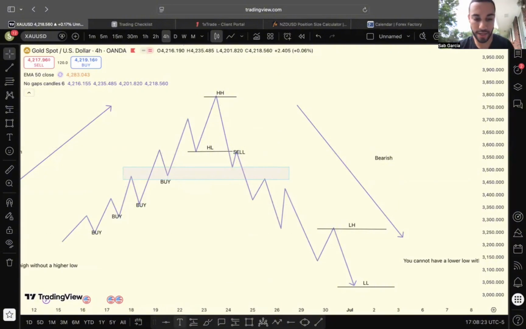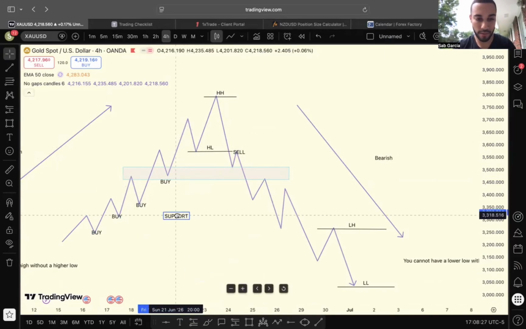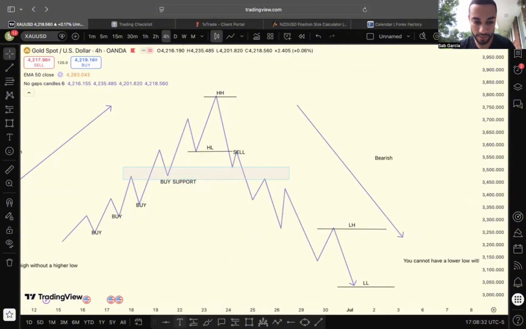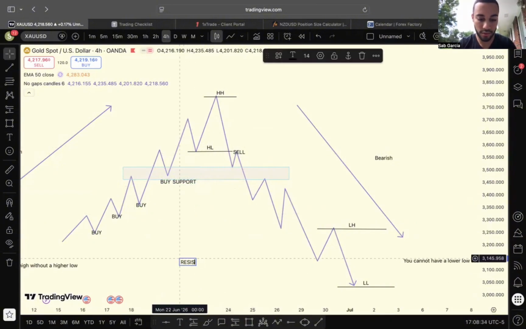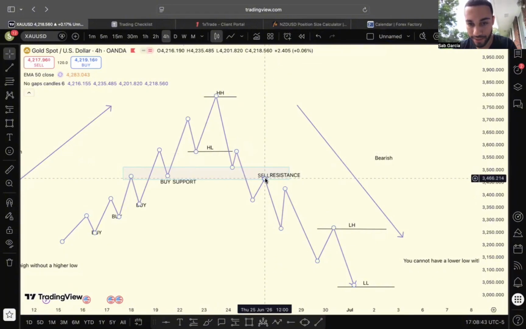So for example, this right here is support where you would buy. This right here is resistance where you would sell, right? So for example, right here, you want to sell here. Boom, you sell at the resistance.